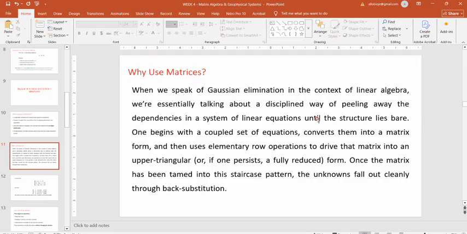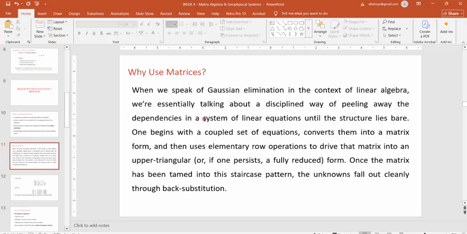When we speak of Gaussian elimination, in the context of linear algebra, we are essentially talking about a disciplined way of peeling away the dependency in a system of linear equations until the structure lies bare.